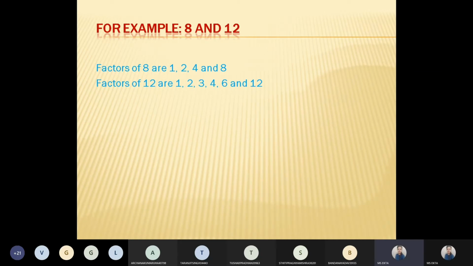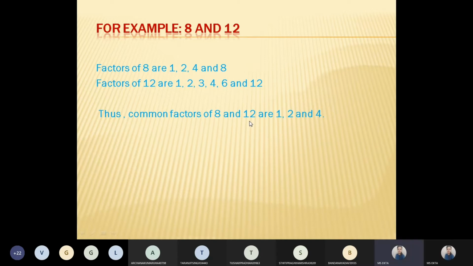Now our next step will be to find out the common factors. You can see that 1 is there in both 8 and 12, then 2 is there and then 4 is there. So 1, 2 and 4 are the common factors of 8 and 12.